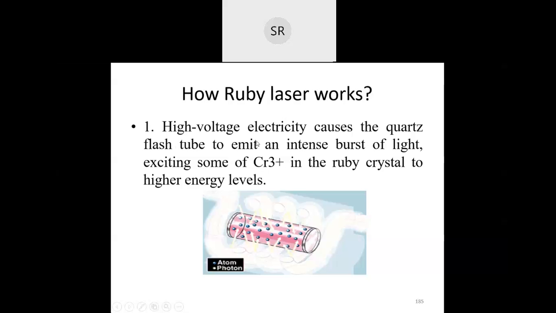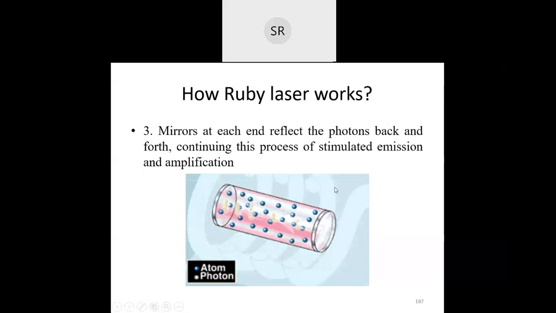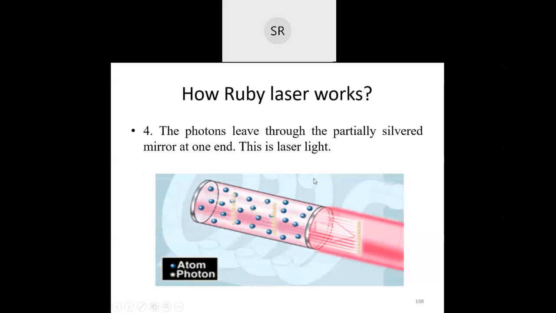So how does it work? High voltage electricity causes the quartz flash tube to emit an intense burst of light. That light excites the chromium atoms, raising them to a high energy level of the crystal.